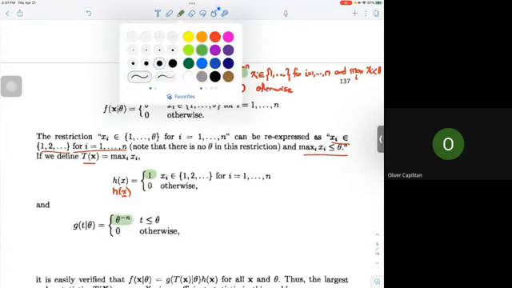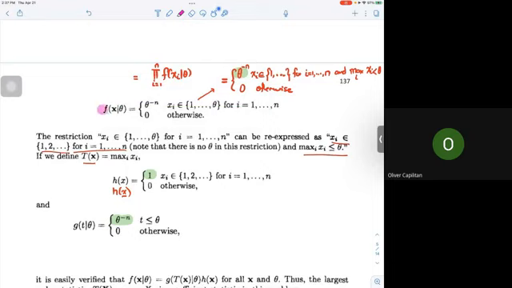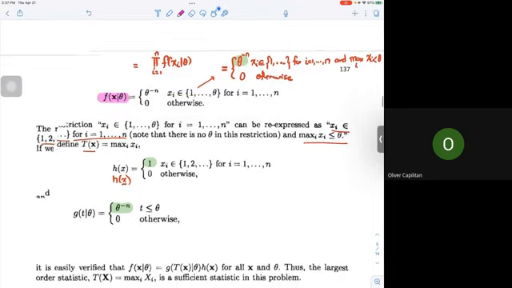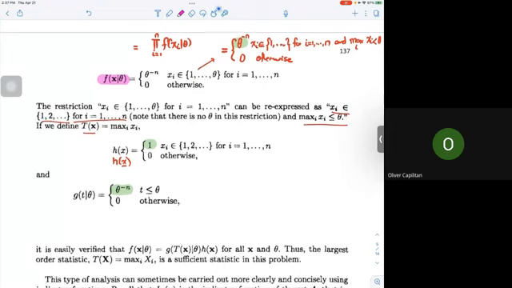So we have factored our joint PMF. Now we have factored a joint PMF as the product of these two functions. So ito yung g, ito yung h of x. So yan. H of x, oh, sorry. Ito yung h of x, ito yung g of t.